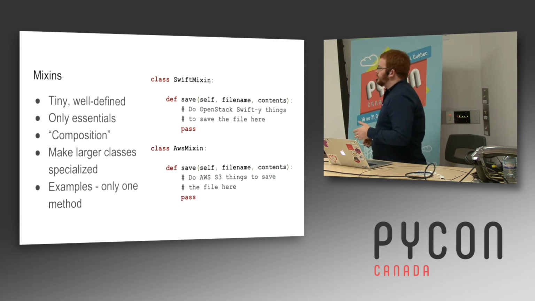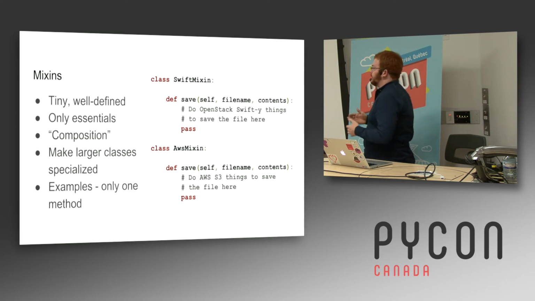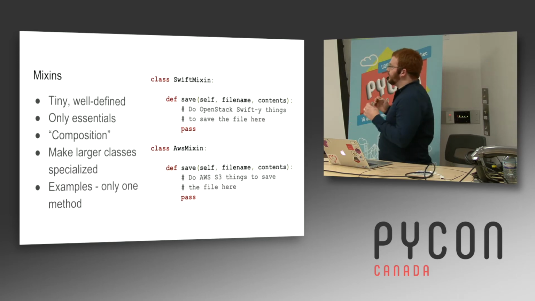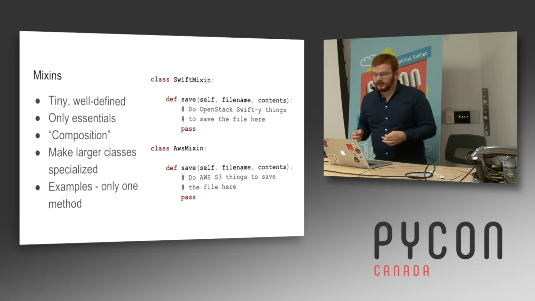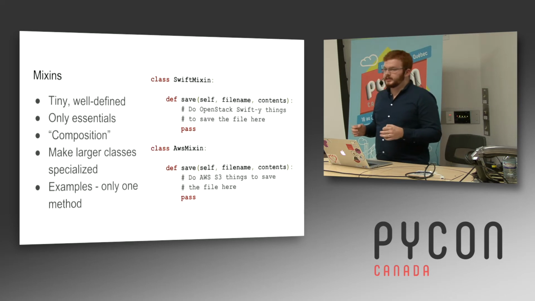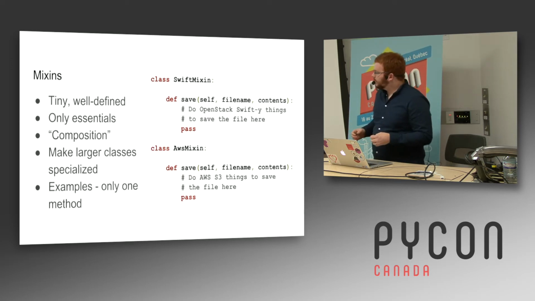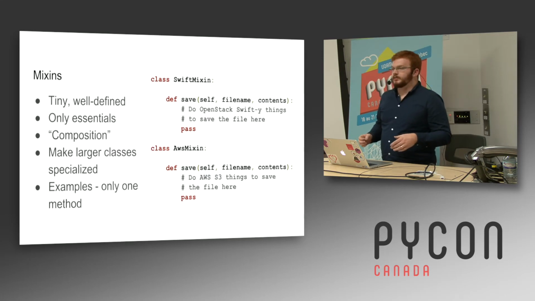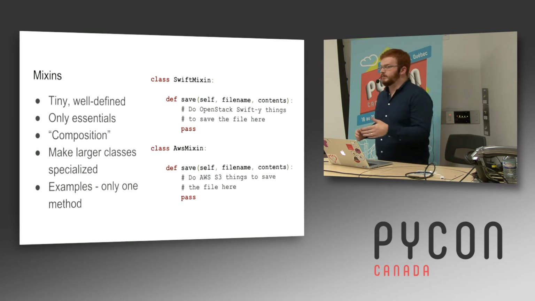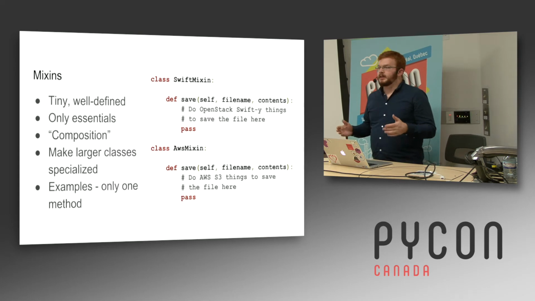So one example of the way we might use inheritance creatively is through a process called using mixins. Mixins are tiny and well-defined classes that have a very clear interface. They include only the essentials and can be added to larger classes to specialize them. This uses a concept called composition, where classes can be made up of different classes.